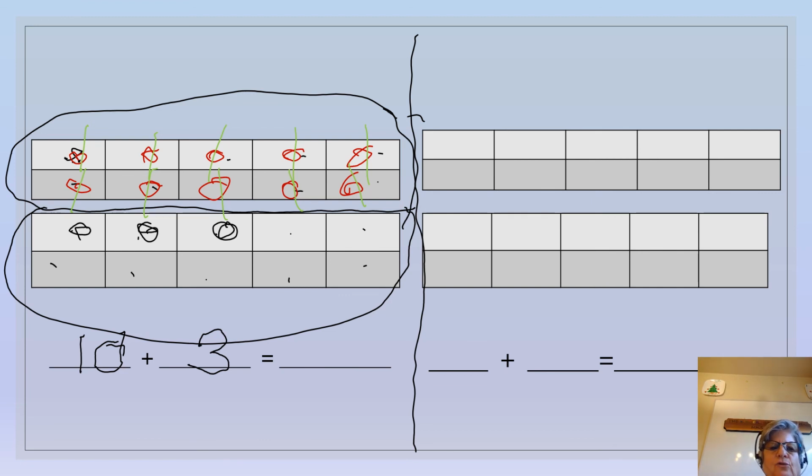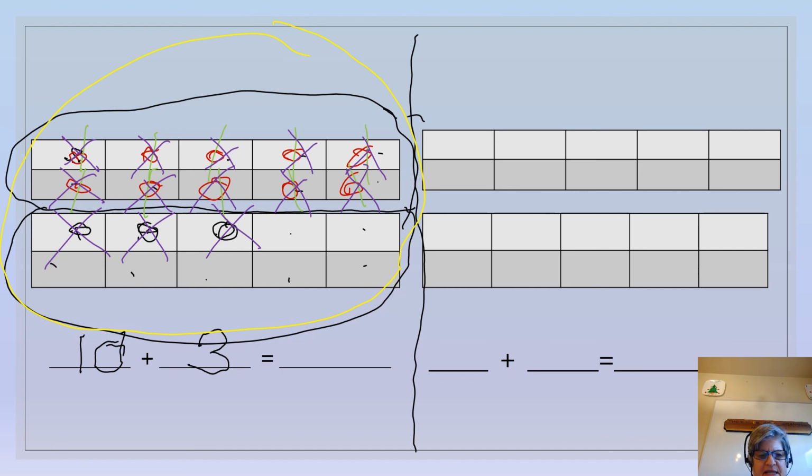How many dots do I have all together? That means I have to count them all and figure out how many dots I have in all. Now, let me begin first by the old-fashioned way, okay? We're going to count them all. I go 1, 2, 3, 4, 5, 6, 7, 8, 9, 10, 11, 12, 13.